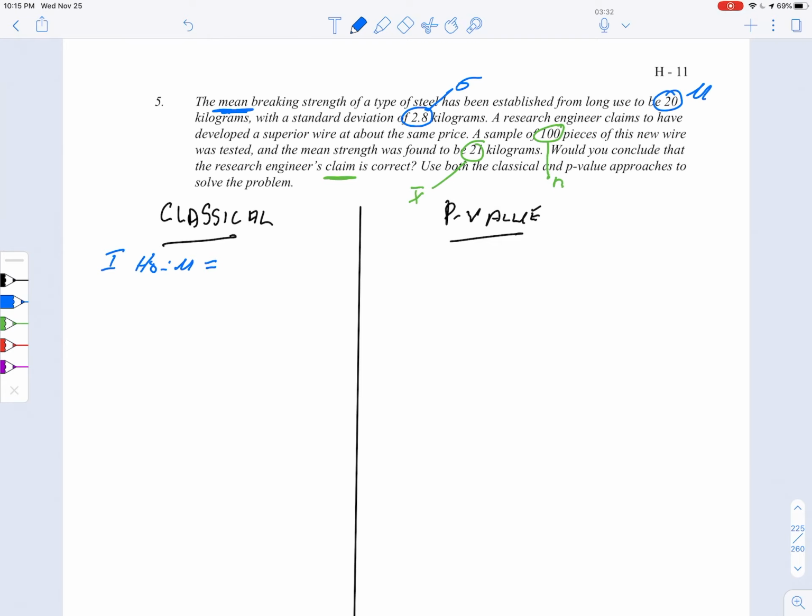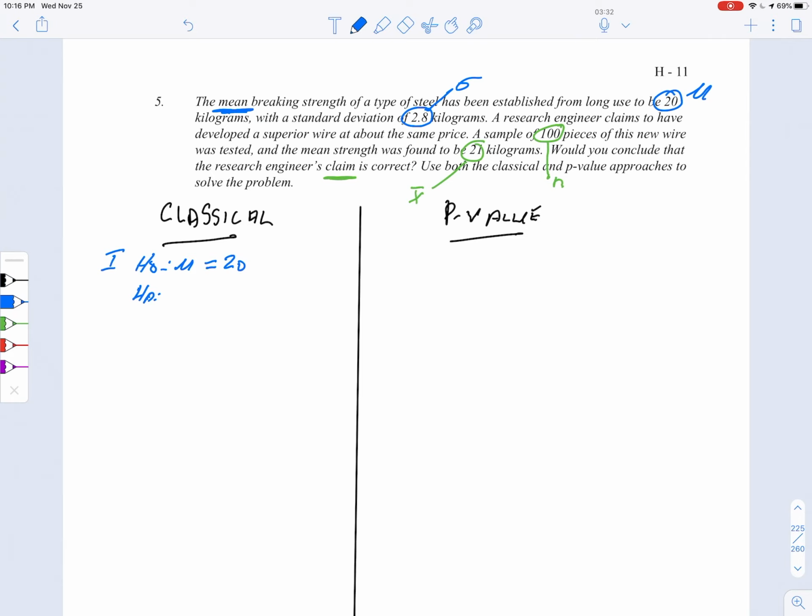H0 is that the mu is, well, let's start with just the equal, and then we can change that to less than or equal to or greater than or equal to. The standard is 20. So the mean breaking strength of a type of steel has been established from long use to be 20. Remember, the H0 is always the status quo, right? The traditional.